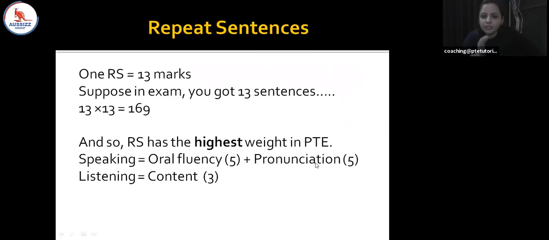And only repeat sentences have the highest weight in the PTE exam, because nowhere else do you get this number of questions. In no other module will you get 12 or 13 sentences.